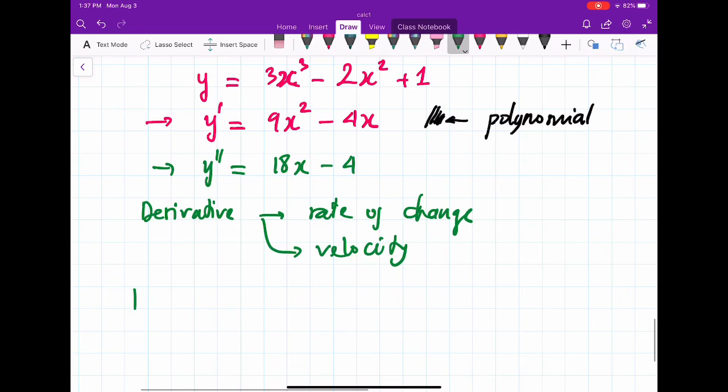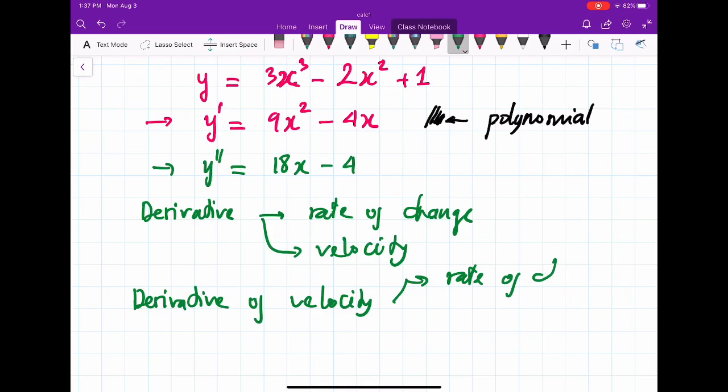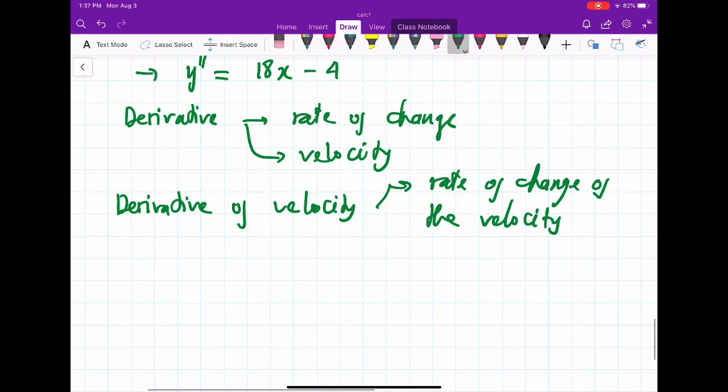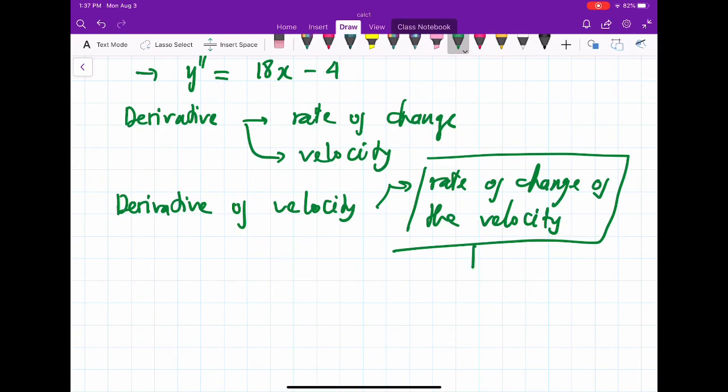Okay, so we have the derivative of, let's say, velocity. So what's that? That is the rate of change of the velocity. And of course, this is the acceleration.